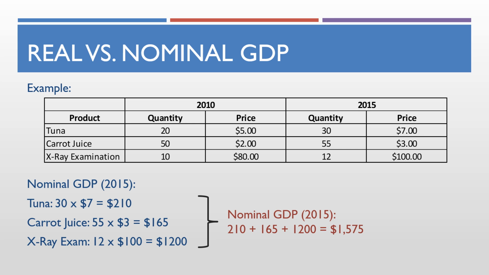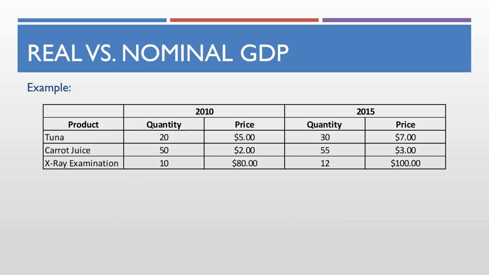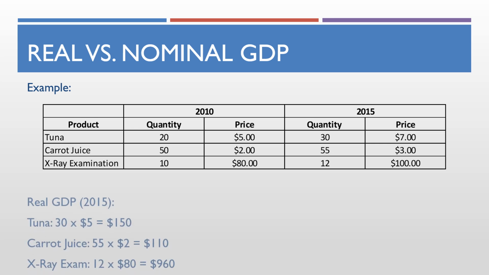Well, as we mentioned, nominal GDP cannot be compared across time because prices change. So to take that into consideration, we're going to do this math slightly differently. To calculate the real GDP, we're going to set a base year. Let's use 2010 as the base year.